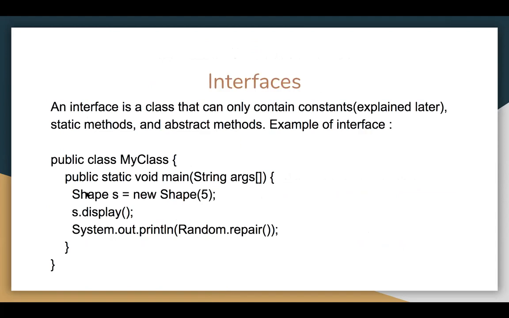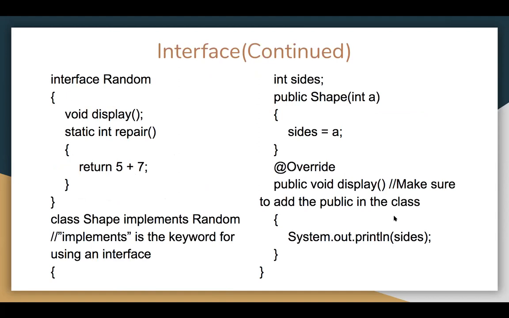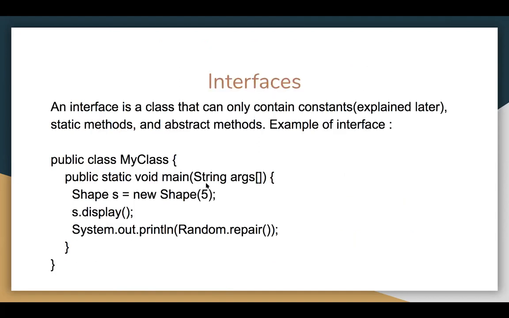So if you scroll back up to this original part, you can see here that we created an object of the shape class, and then we set it with 5, and we did s.display, which if you look back on the code here would print out sides, which should be 5 since we passed this in.